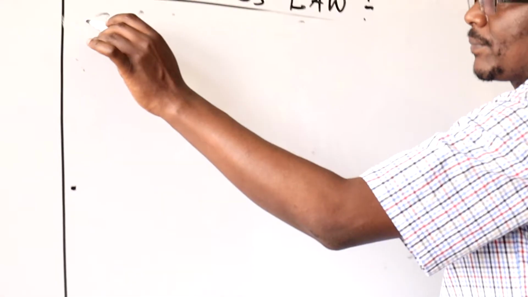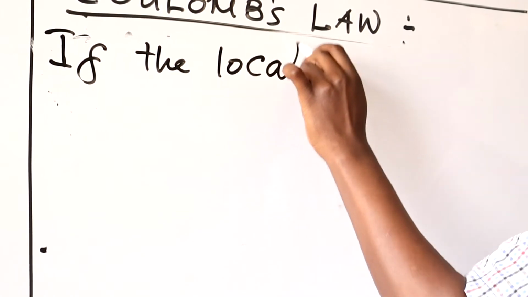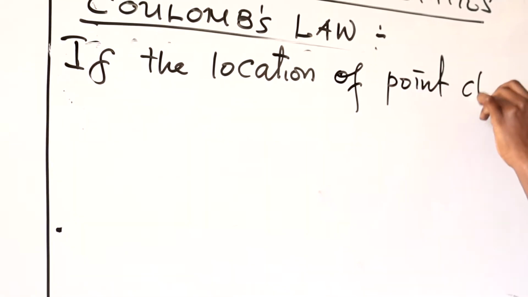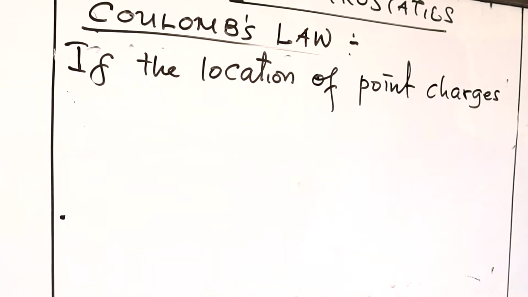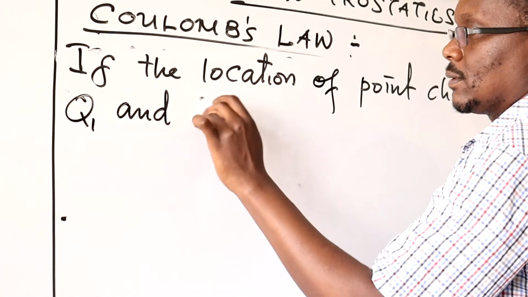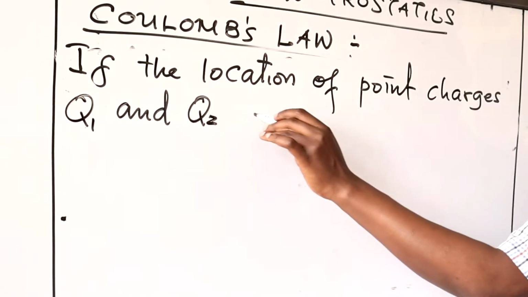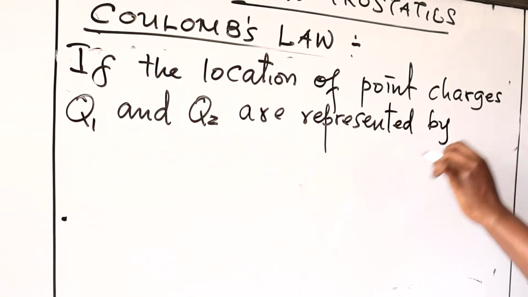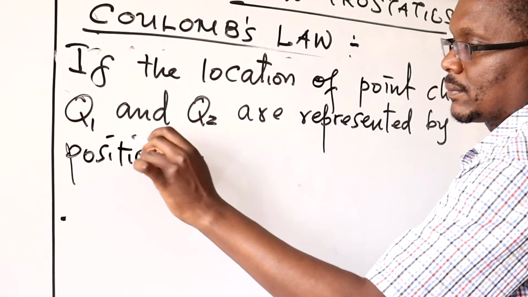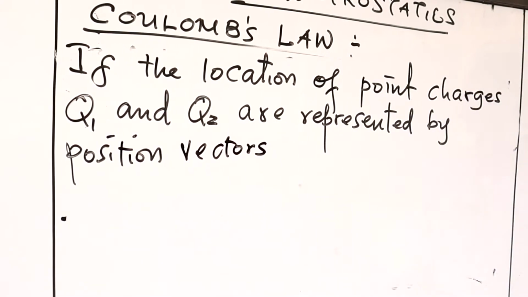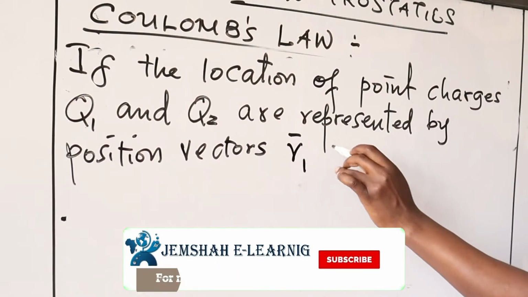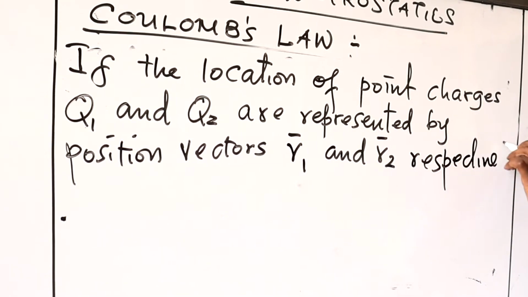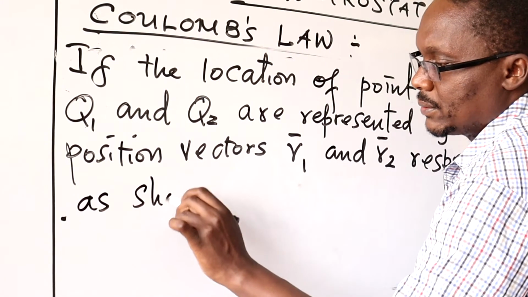So let us say this. If the location of point charges Q1 and Q2 are represented by position vectors R1 bar and R2 bar respectively, as shown below.